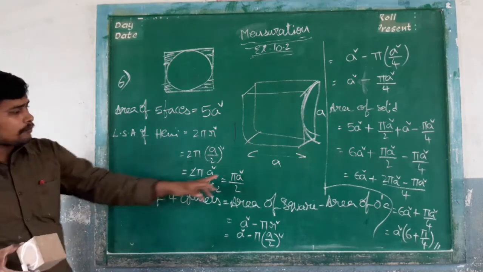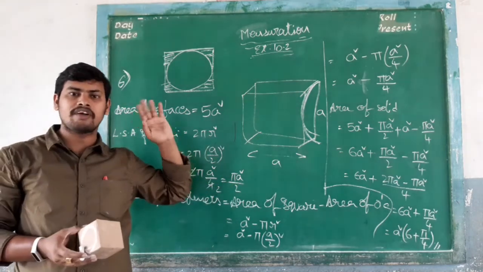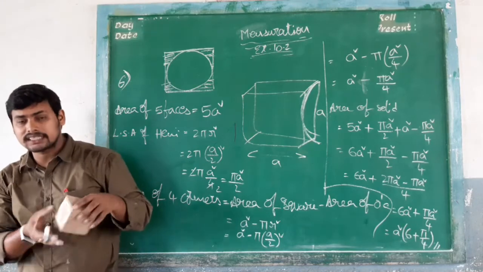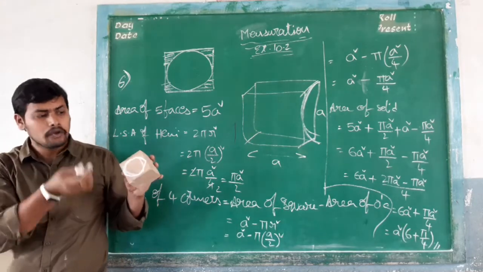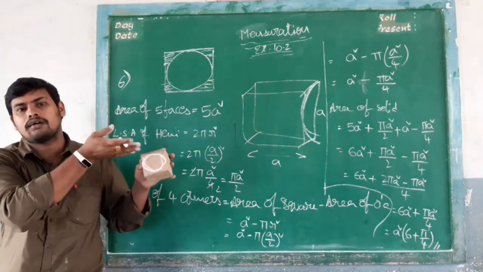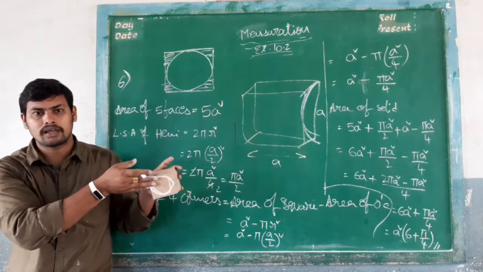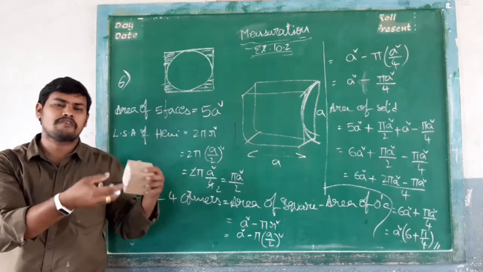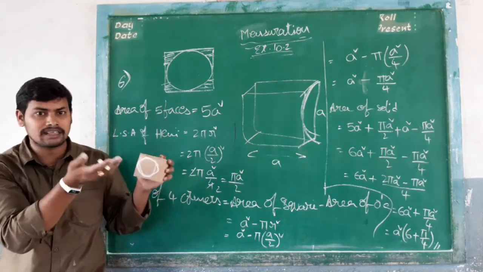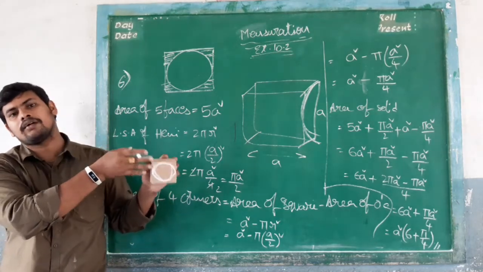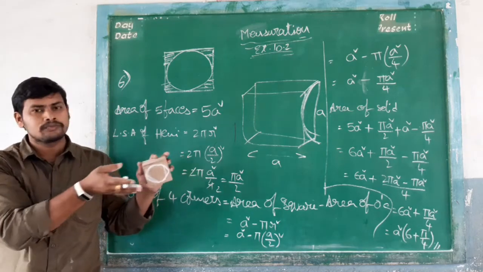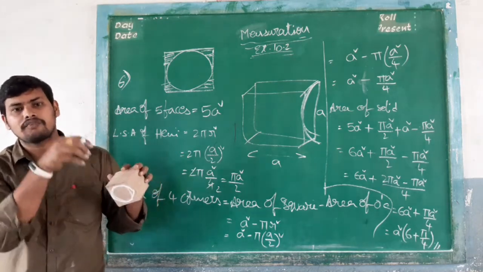How can you add pi a square by 2 to the total surface area whenever we cut it? Because it is the surface area. Whenever you have to paint, you have to paint that curved hemisphere, the curved surface area of the hemisphere also. That's why I have to add it, because the surface area means whether you cut or not, there is a shape in that cube. So you have to add the surface area of the hemisphere also.